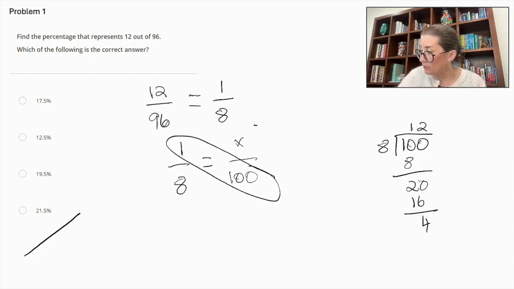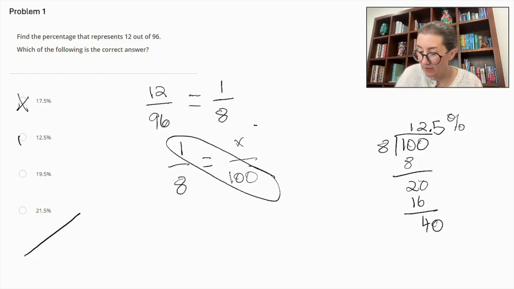Now we're going to have to add a 0 so we can put a decimal. 8 goes into 40 5 times. So the answer is 12.5%.